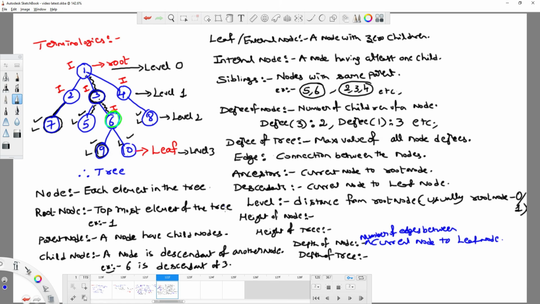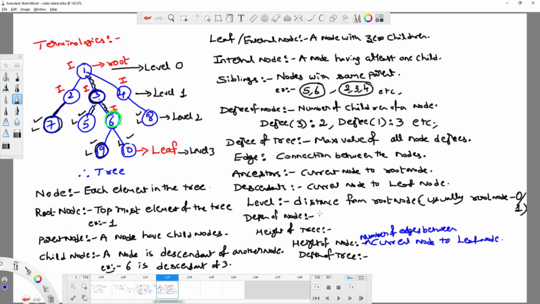It is for height of a node, not for depth. Height of a node is nothing but current node to the leaf node, and depth of a node is nothing but root node to the current node.